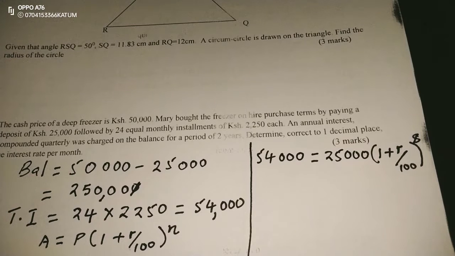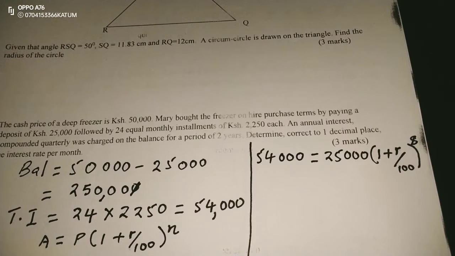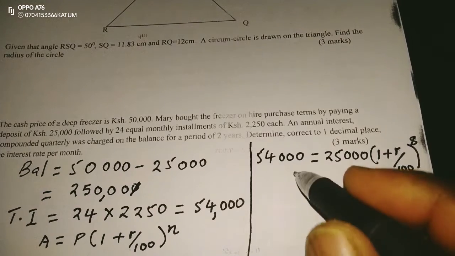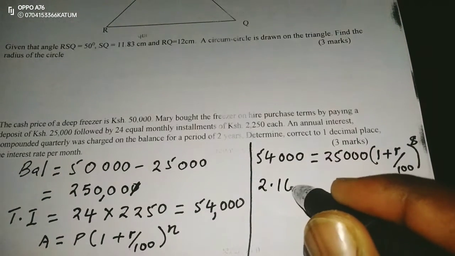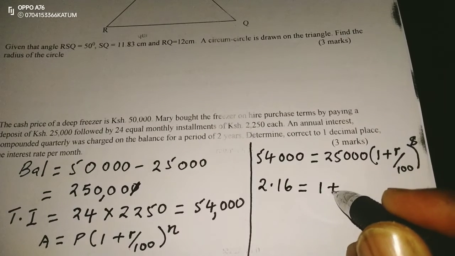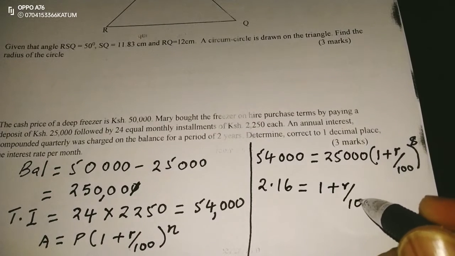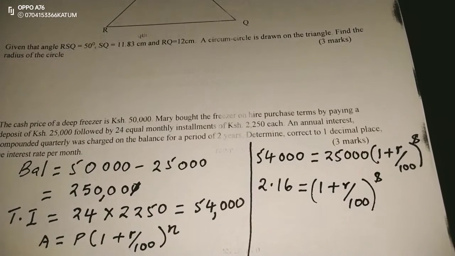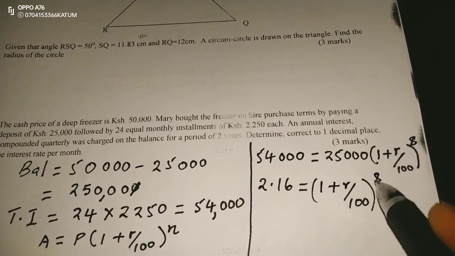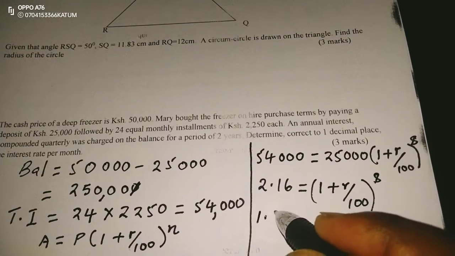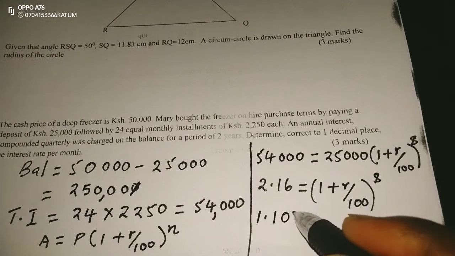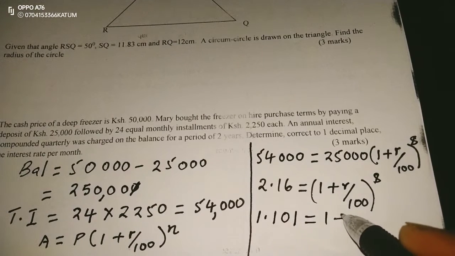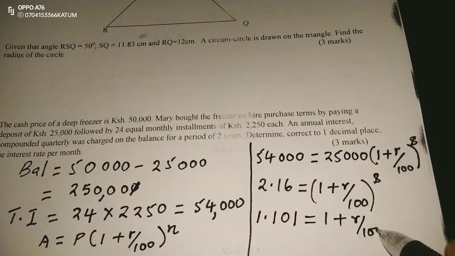So from this, I can divide 54,000 by 25,000, and this gives 2.16 equals 1 plus rate over 100 raised to 8. Therefore, we take the 8th root both sides, to give us 1.101 equals 1 plus rate over 100.